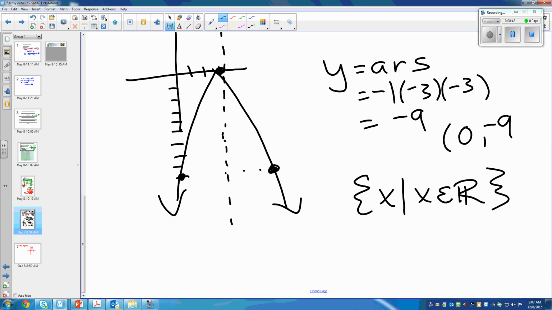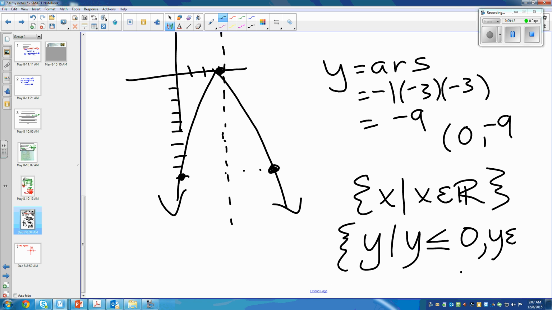What's our range? Some people struggled with range still. Is it going to be greater than or less than? All our y values are less than a certain number, right? Y such that y is less than or equal to, what's the highest y value? 0.